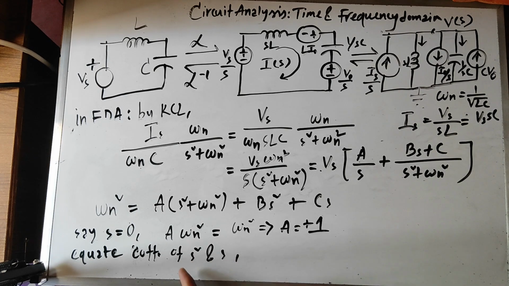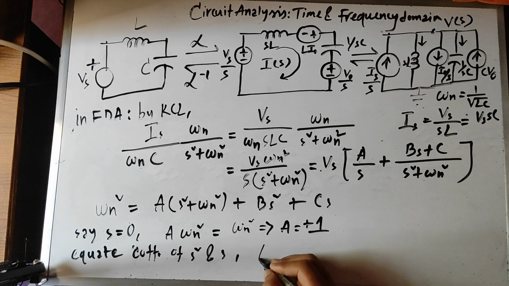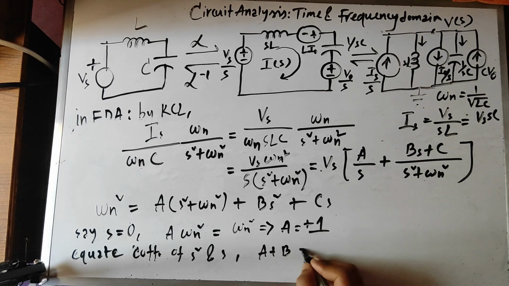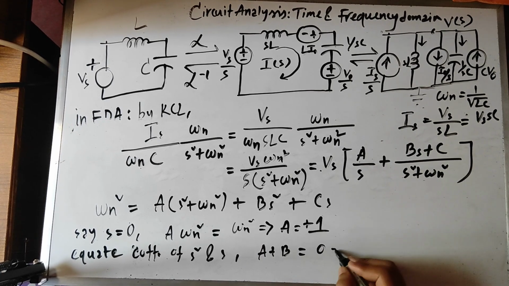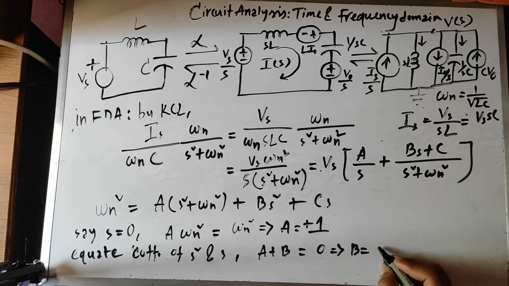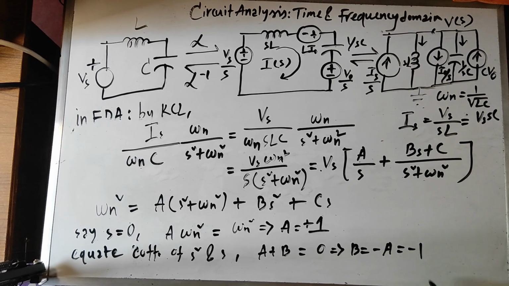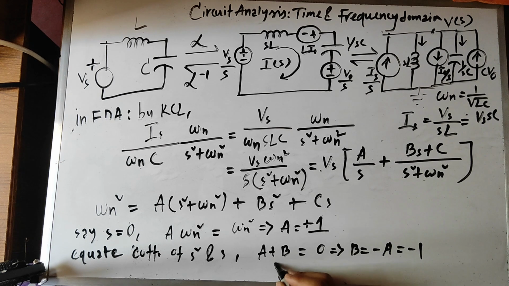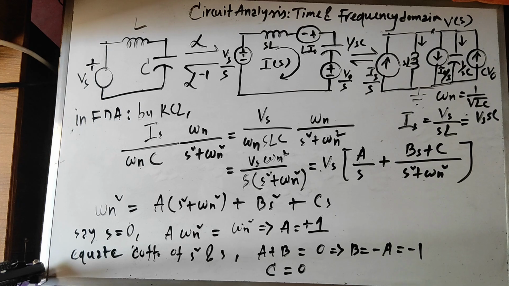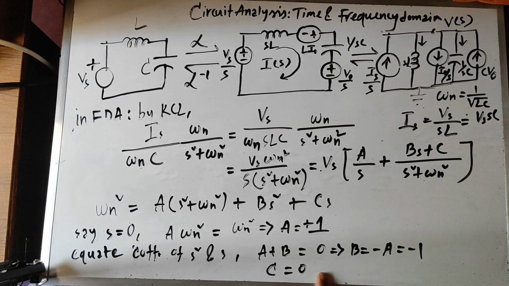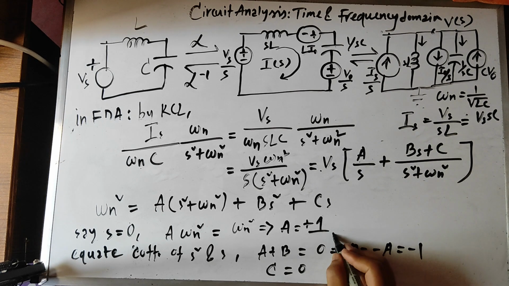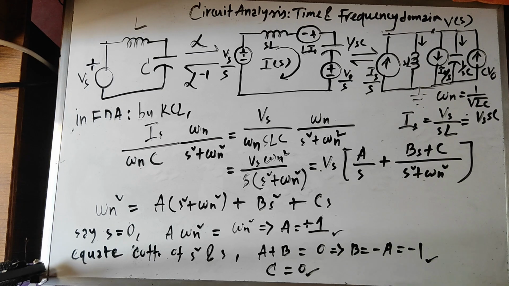If we equate the coefficients of s squared, we will get A plus B equals 0, which will give us B equals minus A equals minus 1. And if we equate the coefficients of s, it will only give us C equals 0. So we have got all the terms: A equals plus 1, B equals minus 1, C is 0.